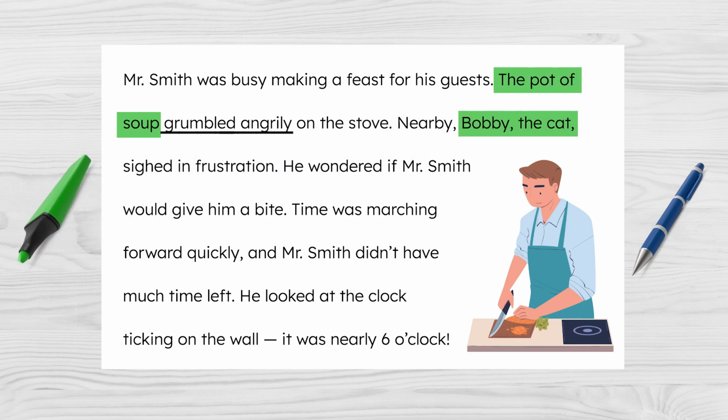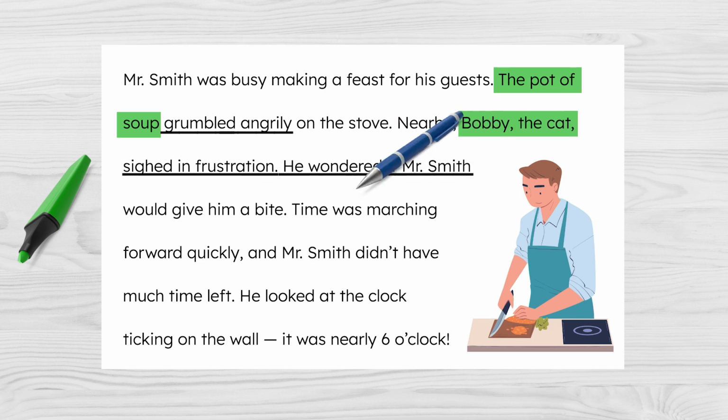Notice a human-like action here? The cat sighed in frustration, which is something only humans do. The cat's also wondering if Mr. Smith will give him a bite, but we consider thinking like this to be a human quality. Both sentences use personification to show us how hungry and frustrated the cat is.